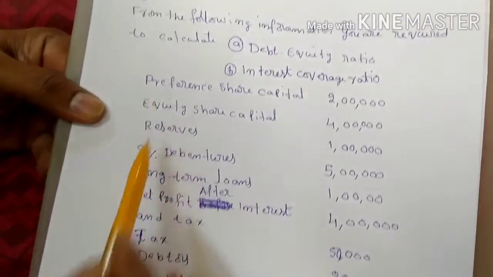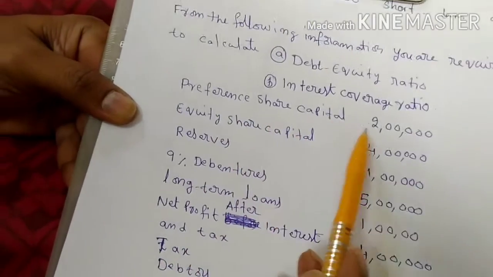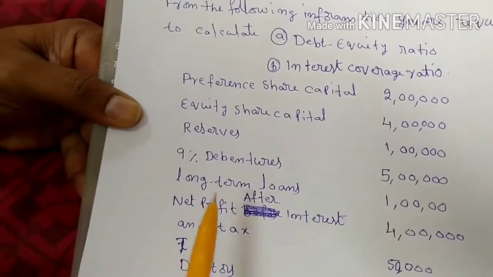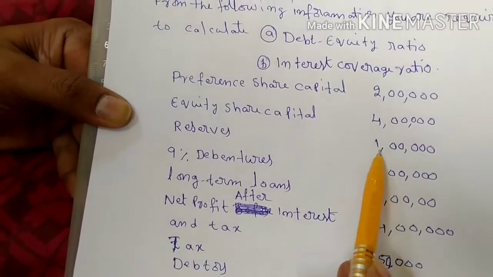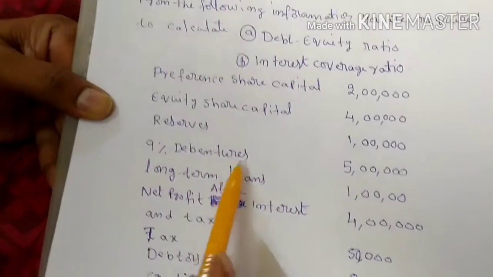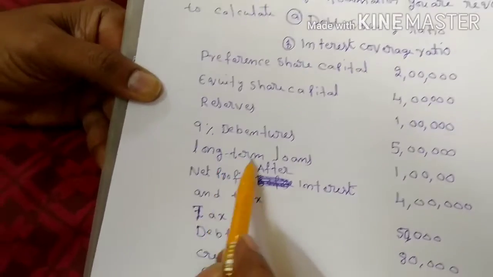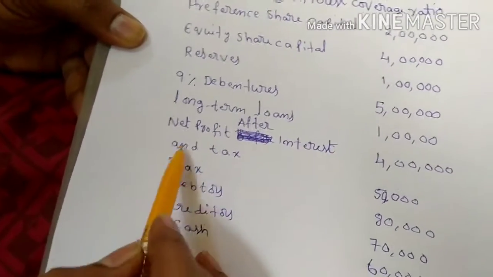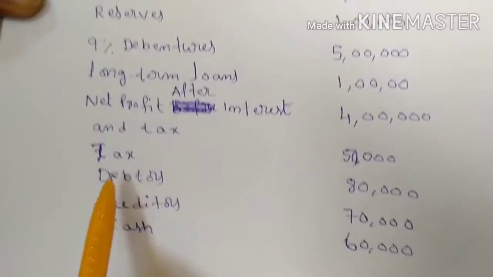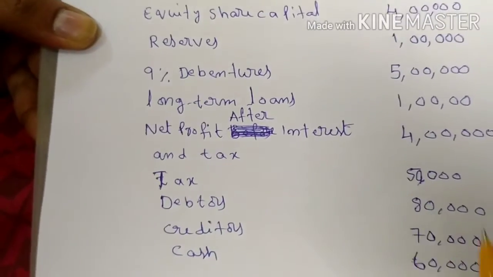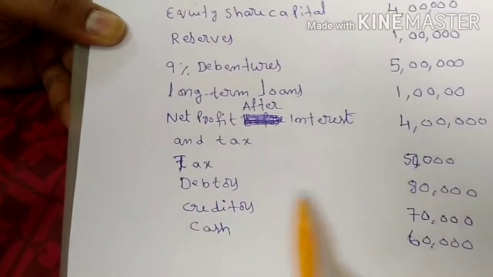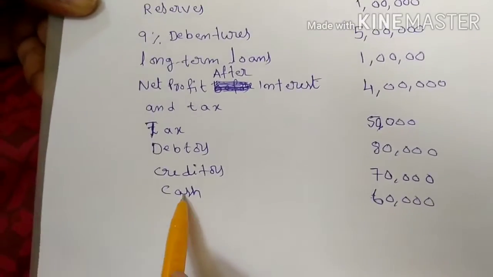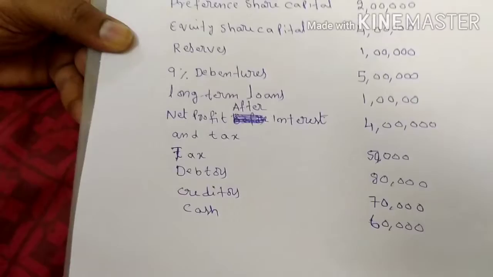The given data is preference share capital 2 lakh rupees, equity share capital 4 lakh rupees, reserves 1 lakh rupee, 9% debentures 5 lakh rupees, long term loans 1 lakh rupees, net profit after interest and tax 4 lakh rupees, tax separately 50,000 rupees, debtors 80,000 rupees, creditors 70,000 rupees, and cash 60,000 rupees.